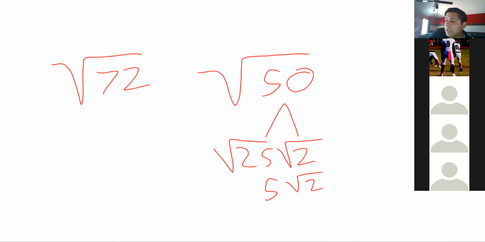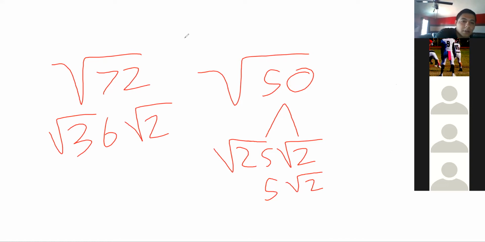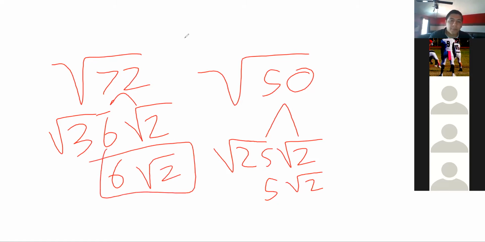So what happens if we divide it by 2? If we divide it by 2, then we have 36 and 2. So the square root of 36 would be what? 6. There we go. So 6 square root of 2.